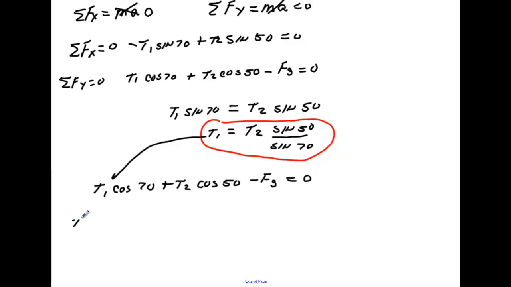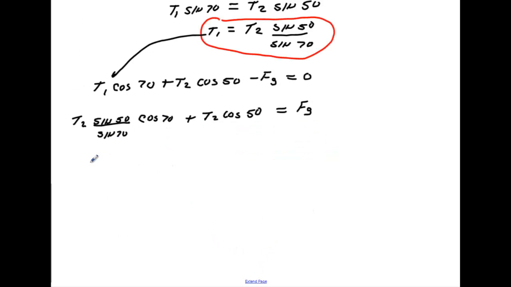We will get T2 sine of 50 over sine of 70 times the cosine of 70 plus T2 cosine of 50. We'll move the Fg to the other side, equal to the force of gravity on that block.